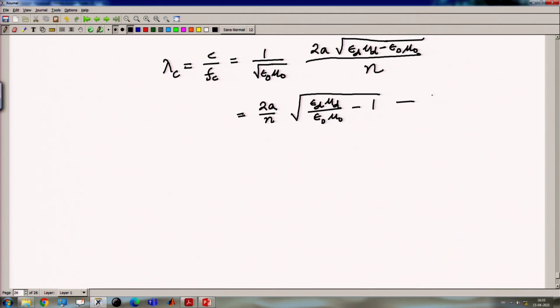We call this expression for the cutoff wavelength lambda c as equation 34. So, the modes are ordered as TM n and TE n. These are the modes in the dielectric slab, also called the dielectric slab modes.